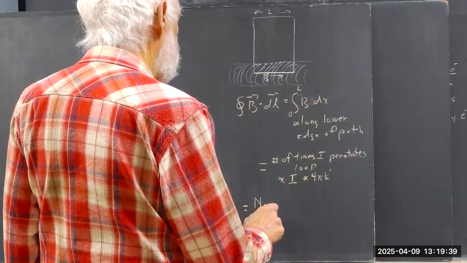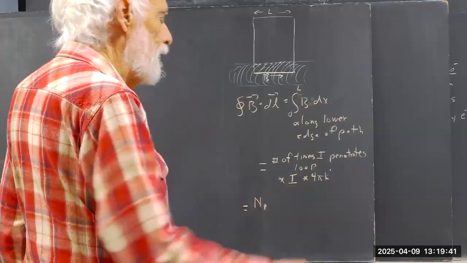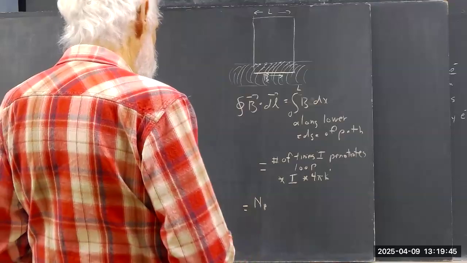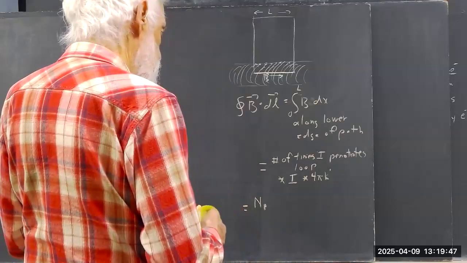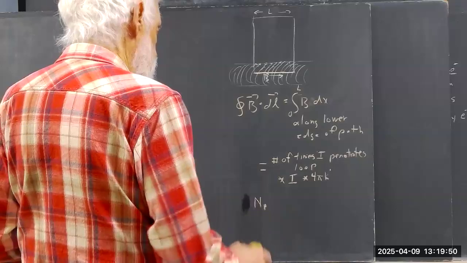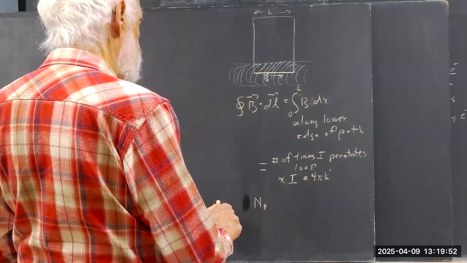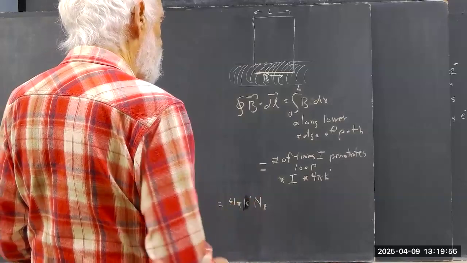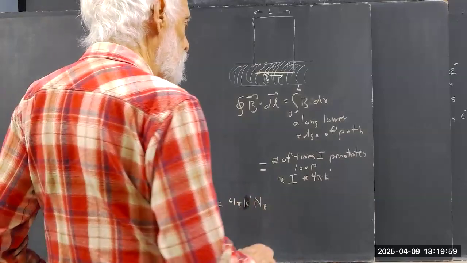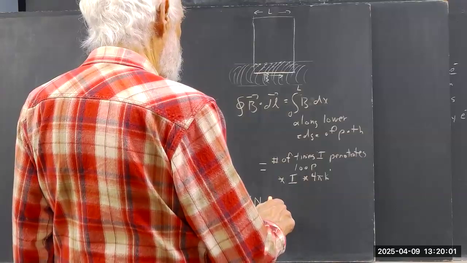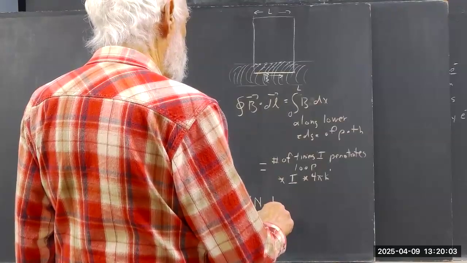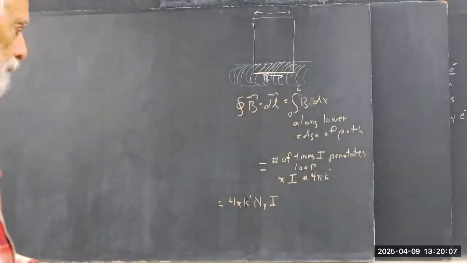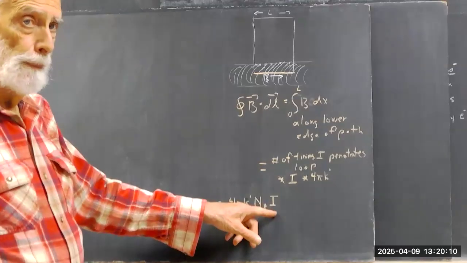I'm going to use n sub p for the number of times I penetrates the loop. And if you want to call that mu naught, you can. So it's this.